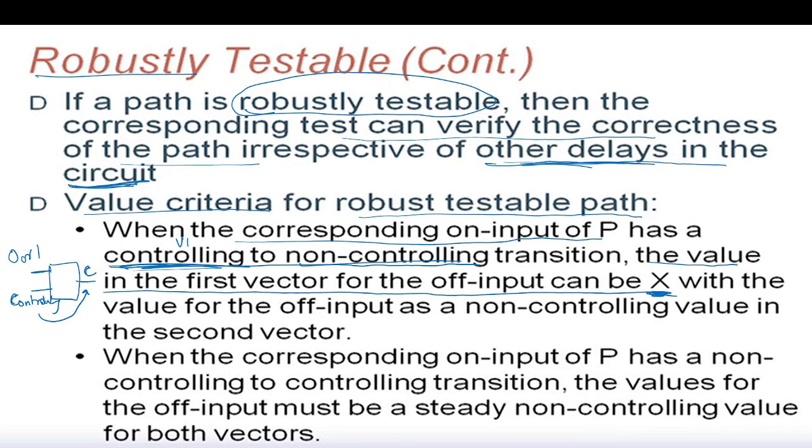The second vector is transitioning to a non-controlling value. And here we need the off-path input to also be a non-controlling value in order to propagate this non-controlling value to the output. Therefore, when we have a transition from controlling to non-controlling, the first vector can be don't care and the next vector should be non-controlling.